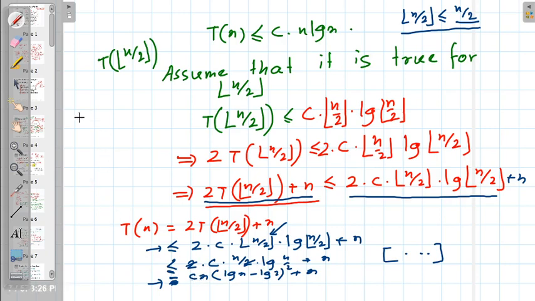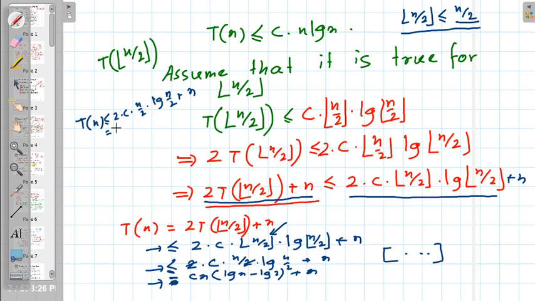So Tn, here I don't have any space, so I am writing this line and then this line here. Less equal to 2 C n by 2 times log n by 2 plus n, right?